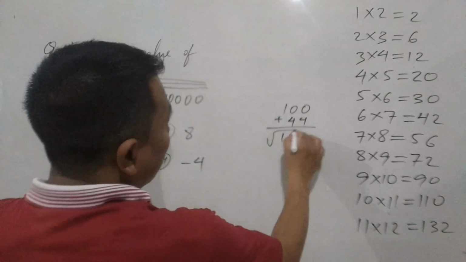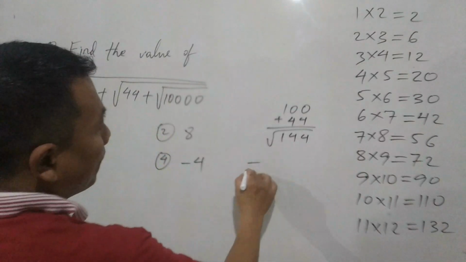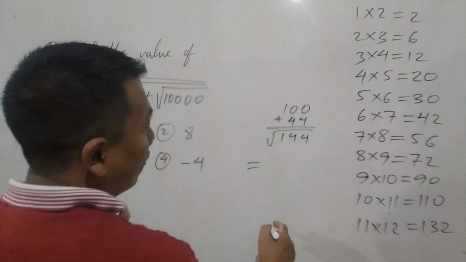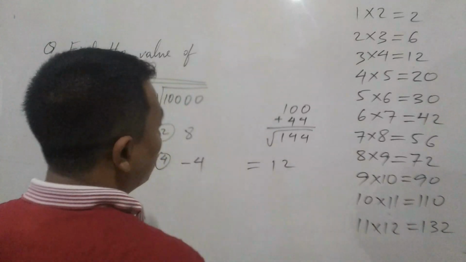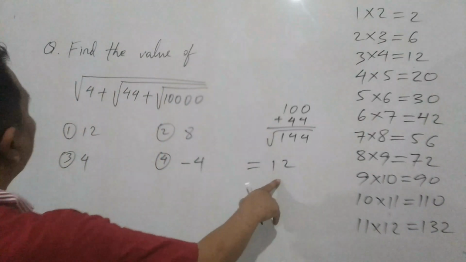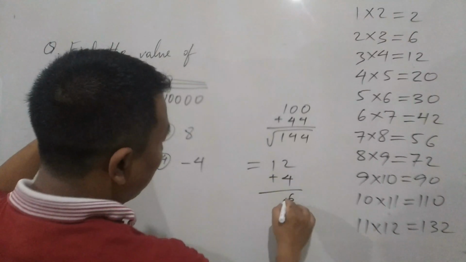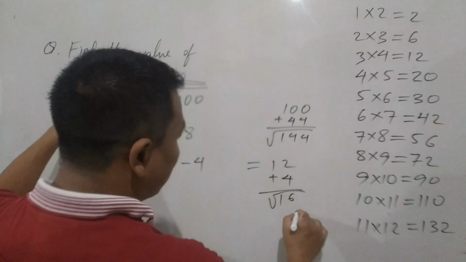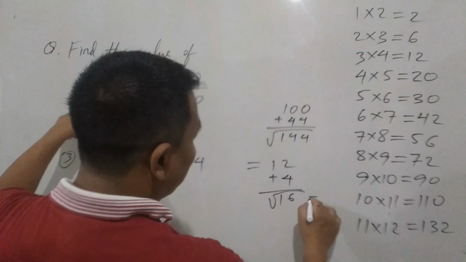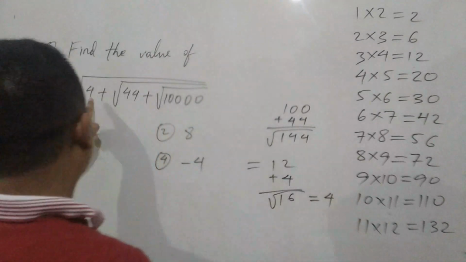Square root of 144 is 12. Add this with 4. 12 plus 4 is 16. Again, square root of 16 is 4. Right.